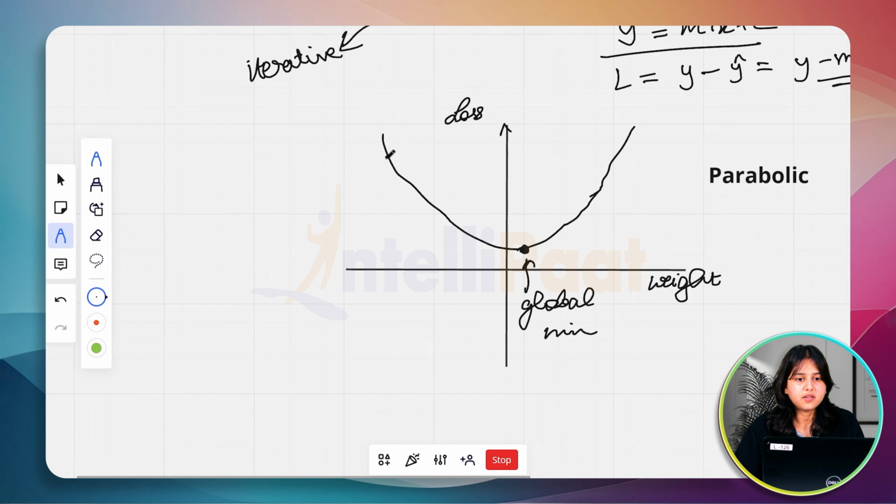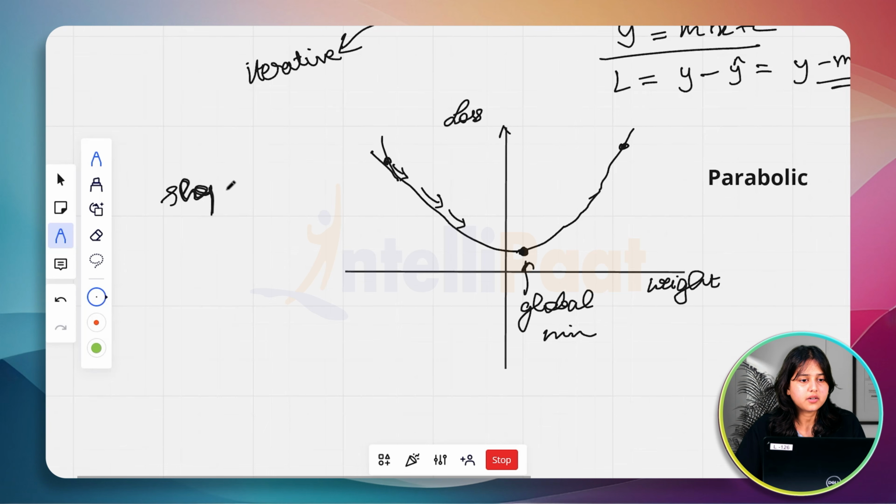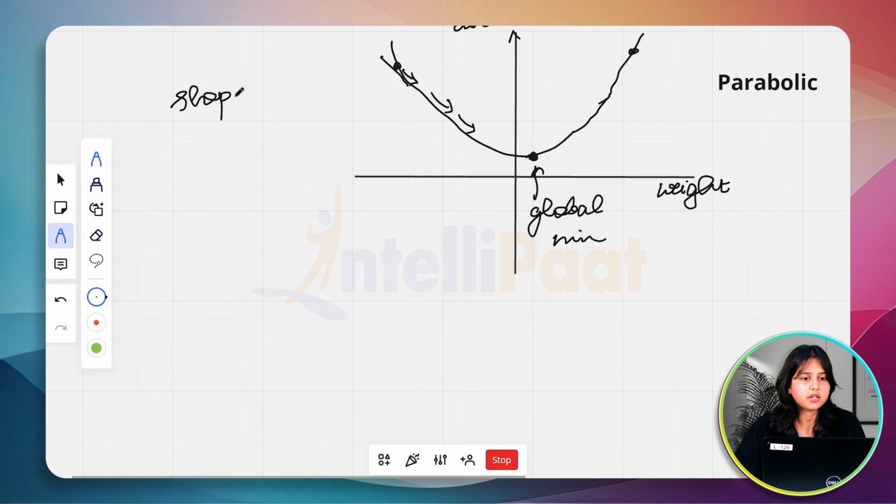So say initially we have our weights over here, or somewhere over here. We have to traverse this graph in such a way that we travel towards the global minima. This process is done by calculating the slope, right? So you can calculate the slope by using the basic equation, that is dy by dx, or delta y by delta x.